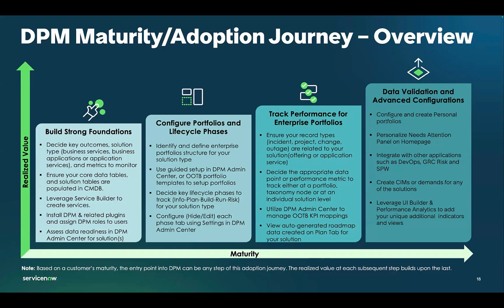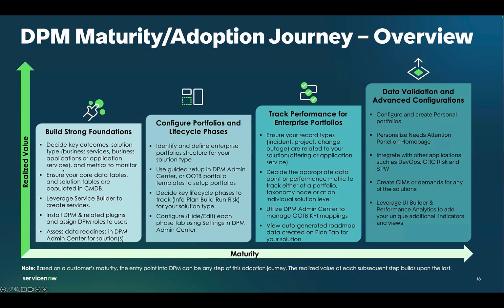The DPM maturity and adoption playbook on community has a lot of this detailed information. I would highly recommend everybody access it if you are currently investigating how to implement the DPM workspace. This journey also shows why you need to build a strong foundation.